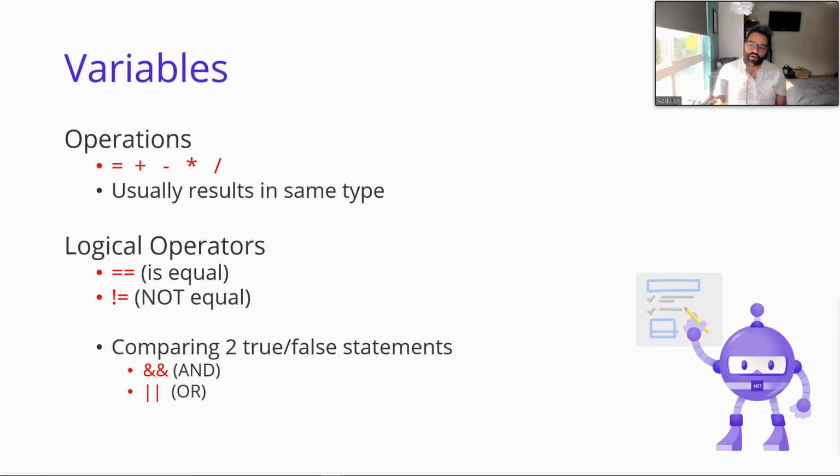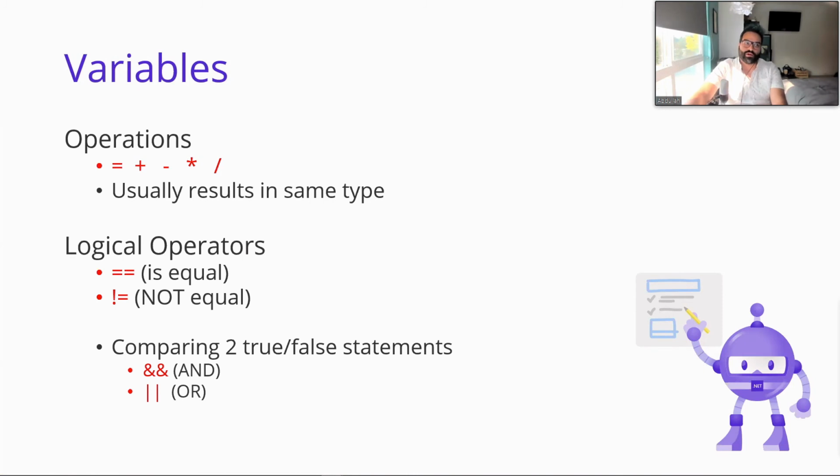But there are other types of operations that are called logical operations. What these operations will result in is either a true or false Boolean, and that's what they're used for. For example, if you put two equal signs next to each other, that's not really an assignment.